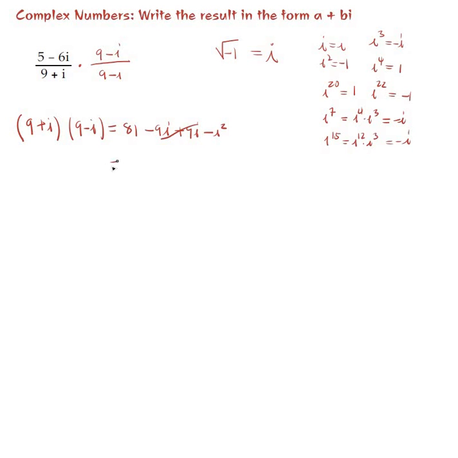What we have is 81 minus i squared. But i squared is -1, so this is 81 minus -1, and minus a minus is plus, so 81 plus 1 is 82, like I told you a moment ago. It's 9 squared plus the coefficient squared: 81 plus 1 is 82.